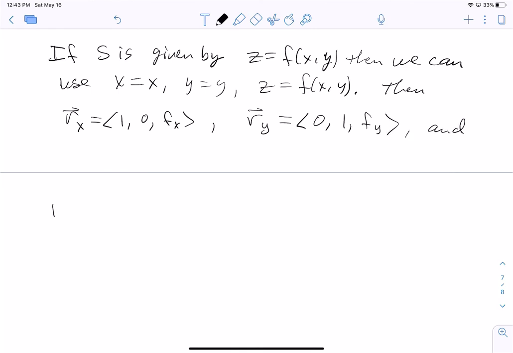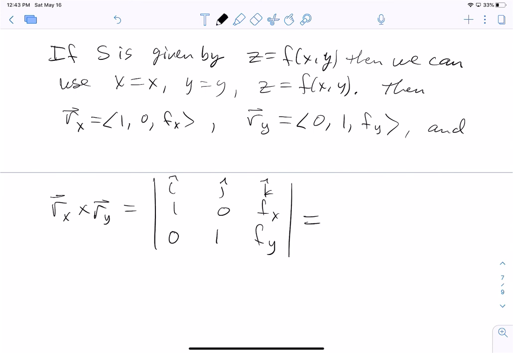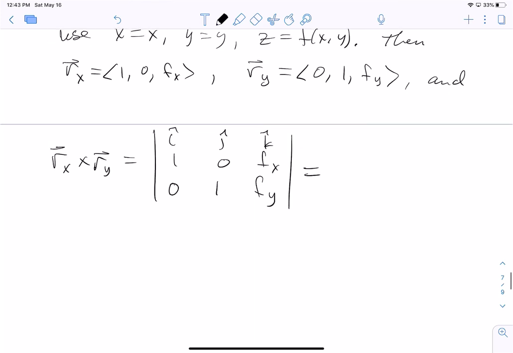The cross product r_x cross r_y would equal the determinant of i, j, k; 1, 0, f_x; 0, 1, f_y, and that cross product turns out to be negative f_x i minus f_y j plus k.